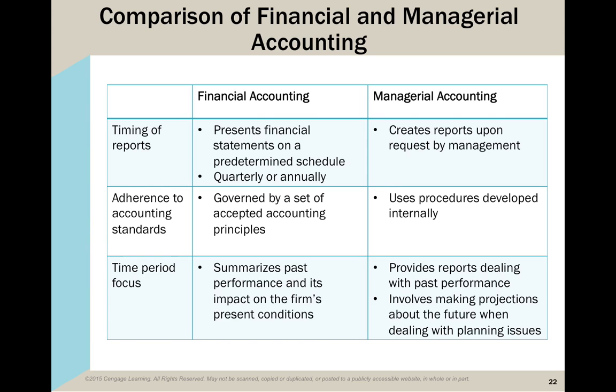Whereas managerial accounting creates reports on request by management. It uses procedures that are developed internally. And the reports deal with past performance while making projections about the future, particularly when planning for future projects and future product launches.